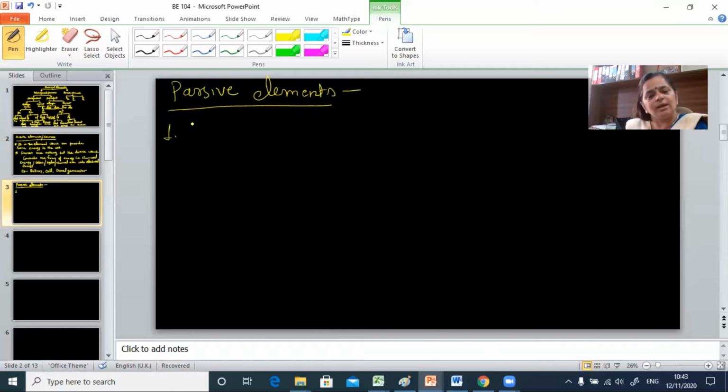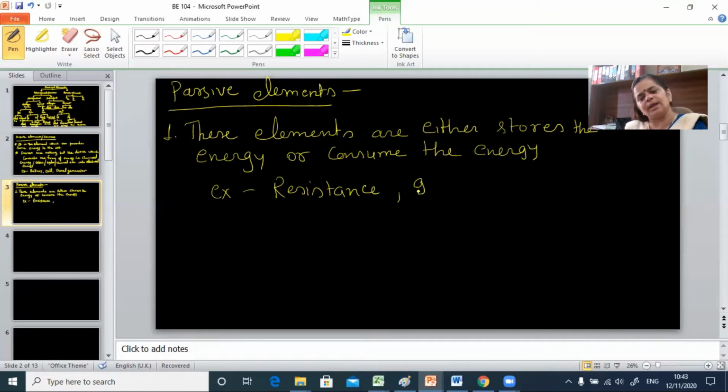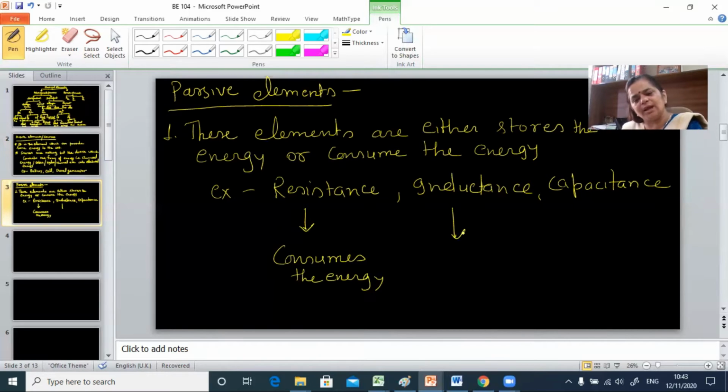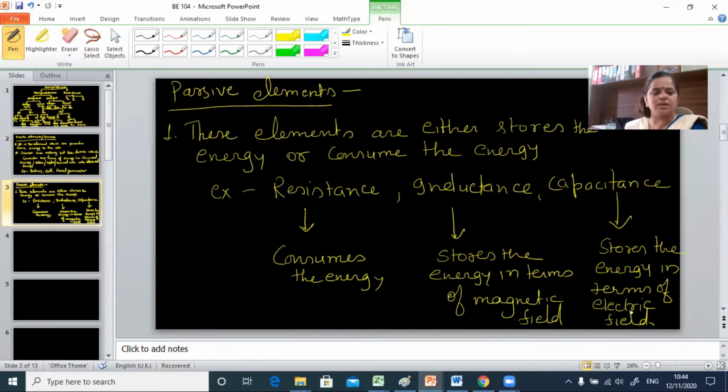As the name indicates, these elements either store energy or consume energy. For example, resistance, inductance, and capacitance are examples of passive elements. Resistance consumes the energy, whereas inductance stores the energy in terms of a magnetic field, and capacitance stores the energy in terms of an electric field. So these are the two basic types of electrical elements.